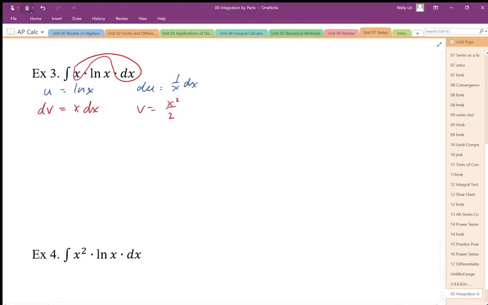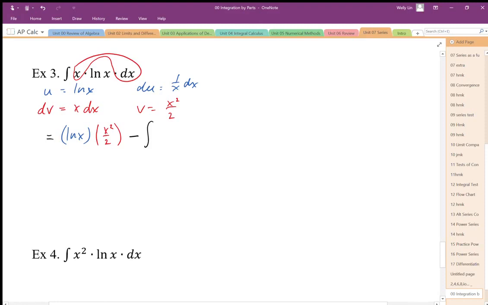So going to my formula, my new integral should be u times v. So it's going to be log x times v, x squared over 2. Okay, so there's my u times v part of the formula, minus, just going to move this down a little bit so that I have a little bit more room to work, minus the new integral is going to be v du.